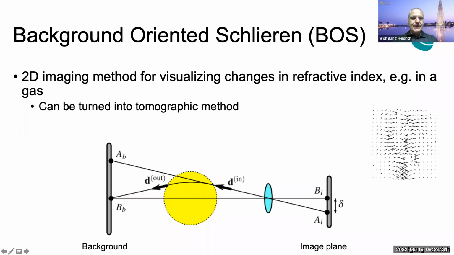The way we solve it here is that we have a patterned background plane. We have a reference image that's undistorted, and we have a distorted image. We can compute the 2D optical flow to give us information about this gas volume, and then we can take that and track it in 3D.